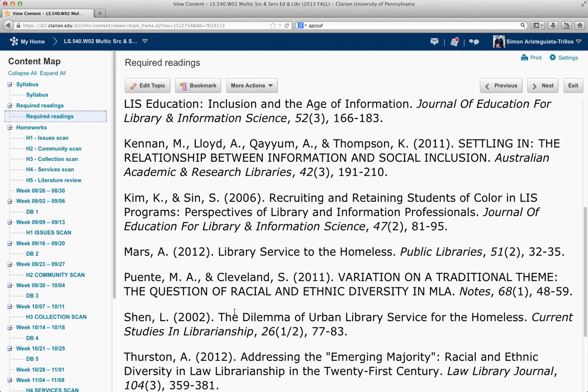And then there are issues and problems in terms of accessing information once you are in the library. So we have two issues here. Getting inside of the building may be problematic if you're not affiliated to an institution. And secondly, it may be even more problematic if you are homeless or if you are poor.